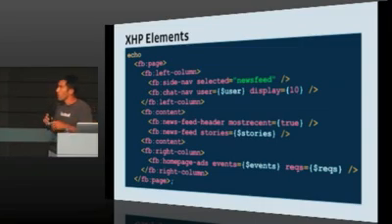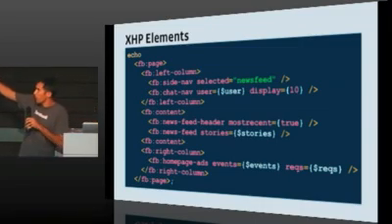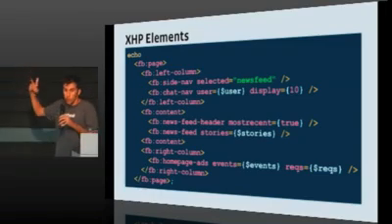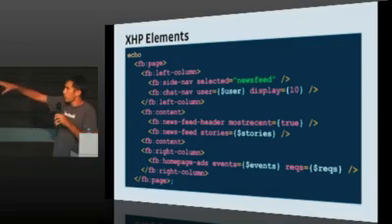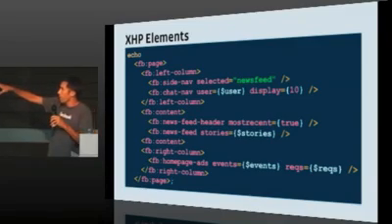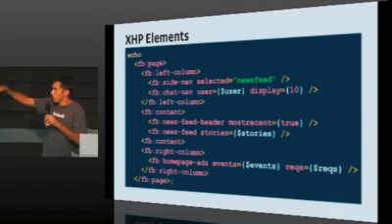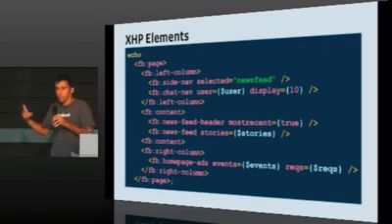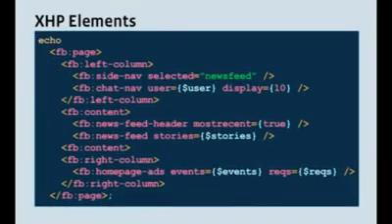When XHP comes through and renders, it renders kind of top to bottom. So it's going to say, okay, it's going to FB page, and it's going to run its render method, which will return, let's say, a div with left column, right column, center column, and then it's going to look inside those and render those and recursively go down the tree.